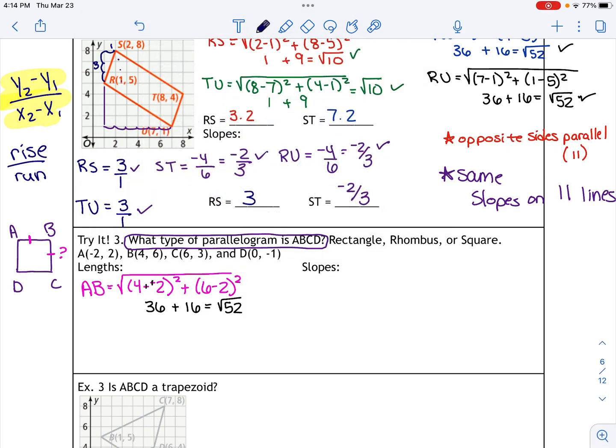Let's try the next side, BC. That's 6 minus 4 squared plus 3 minus 6 squared. Okay, 2 squared is 4. -3 squared, a negative times a negative is going to give you a positive 9. So you get square root of 13.